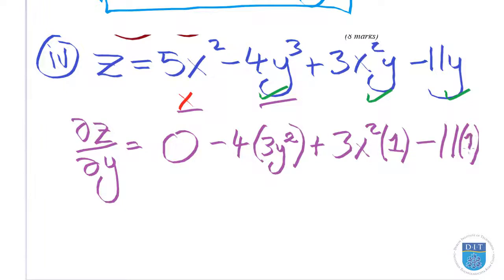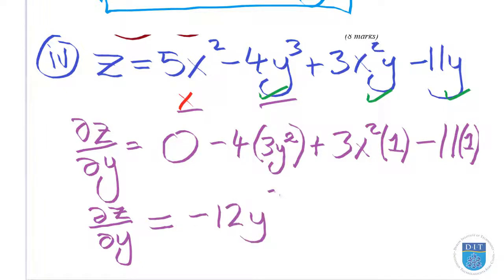Y on its own again becomes a 1. And the next line will just involve me cleaning that up. ∂z/∂y. Now I'm not done yet because I still have to find that second y derivative. Minus 4 by 3, that's a minus 12y squared plus 3x squared there, minus 11 by 1 is just minus 11.